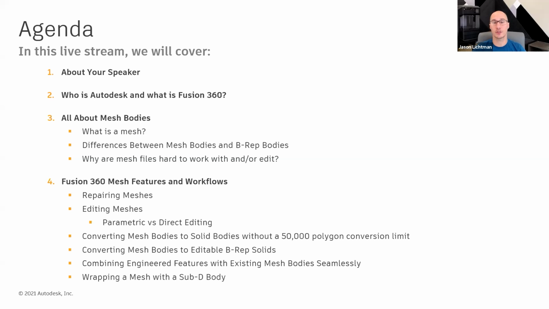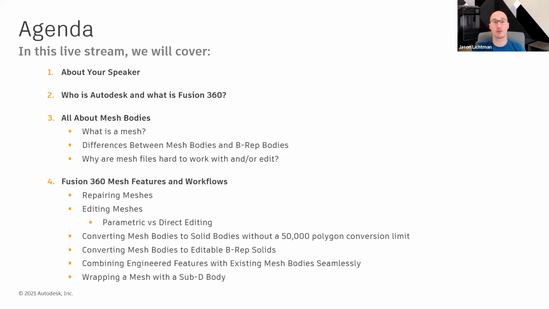If you've worked with meshes before and you find yourself getting frustrated on a regular basis, this will explain why that is. So what is the difference between a mesh body and a B-rep, or boundary representation solid? And I'll tell you a little bit about why they're difficult to work with, or at least why they are more difficult to work with than just solids and surfaces.